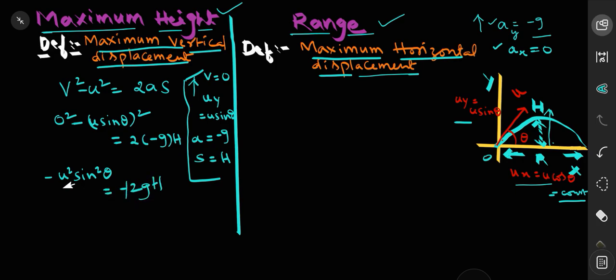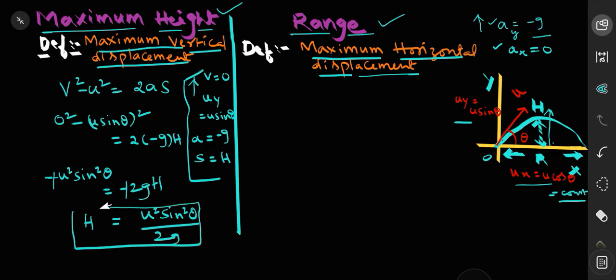Here minus gets cancelled, and by separating h we get u square sin square theta divided by 2g. This is the expression for the maximum height reached by the projectile.